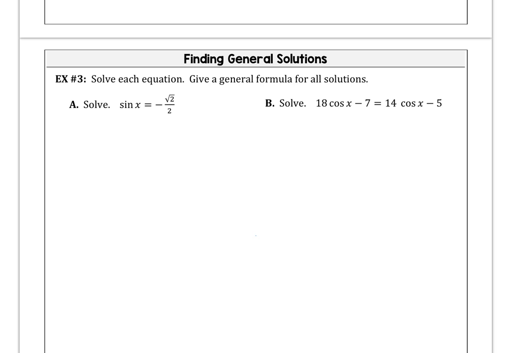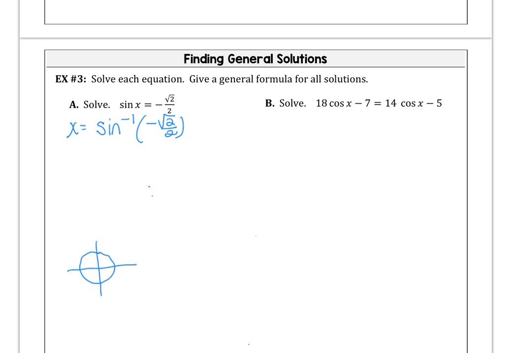For example 3, we want to solve each equation and give a general formula for our solutions. Sine of x is negative square root of 2 over 2. So we can think of the unit circle, and we're wanting x to be the angle where sine inverse is negative square root of 2 over 2. Well, remember on the unit circle, we're restricted on sine inverse.